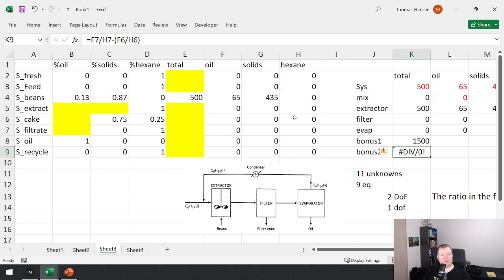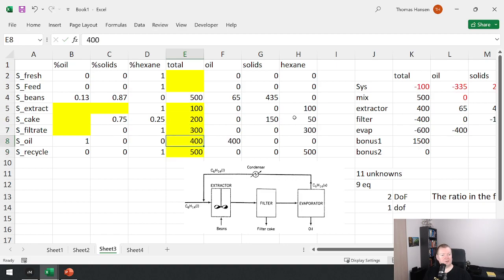And Excel gets very unhappy and says you're not allowed to divide by 0. Luckily we can solve that. We put in some dummy values. These are incorrect values, but I'm putting in values that are in the area of what could make sense. So it would be somewhere between 0 and 1 for the percentages. I have 500 kilograms, so I'm just guessing ballpark it's going to be that sort of area.